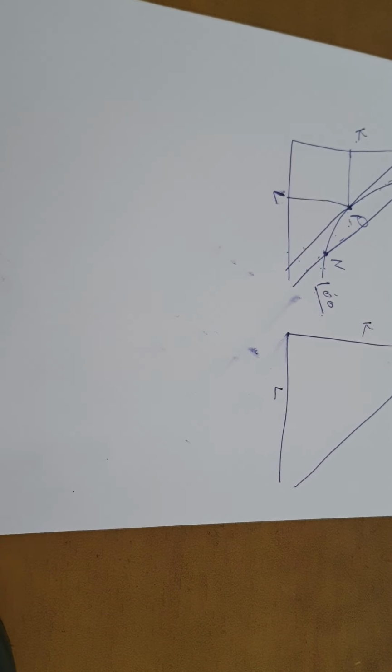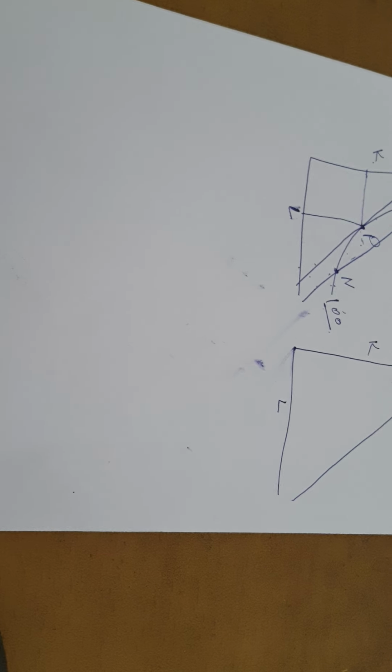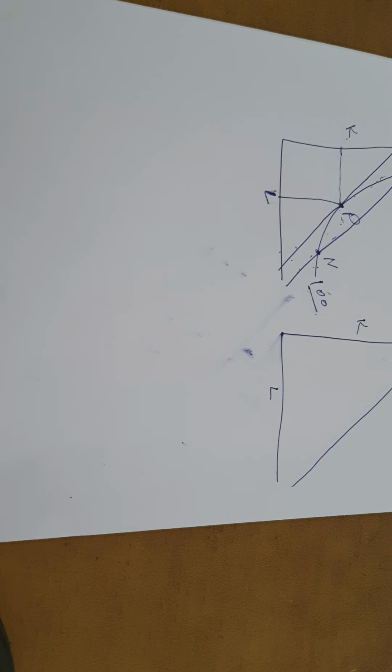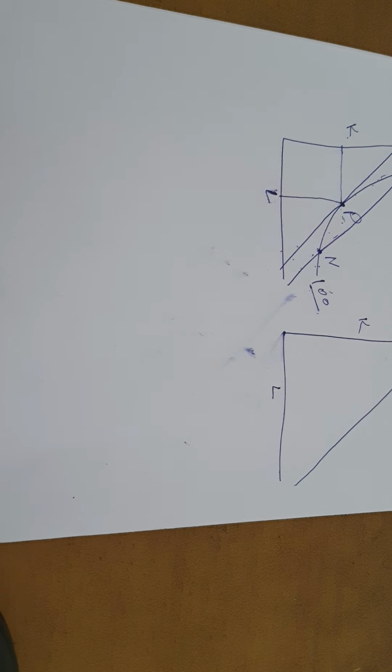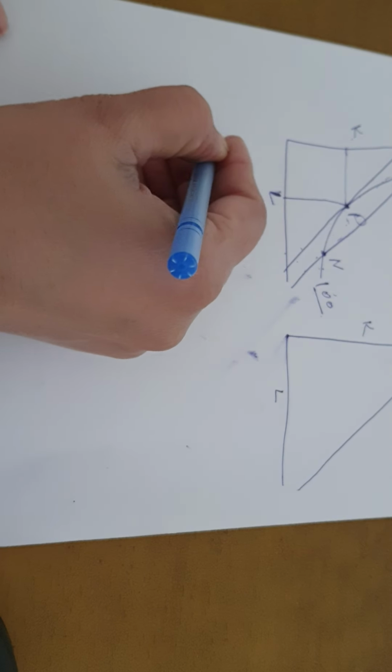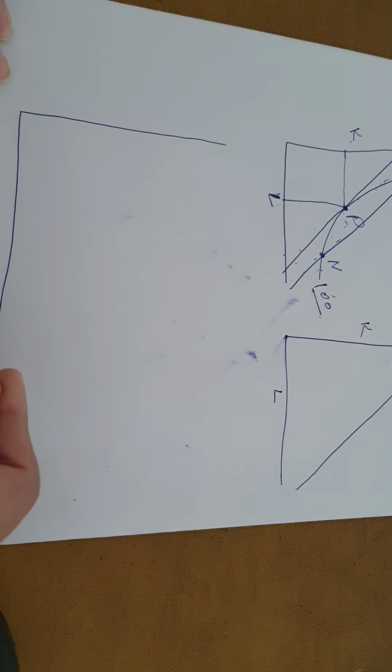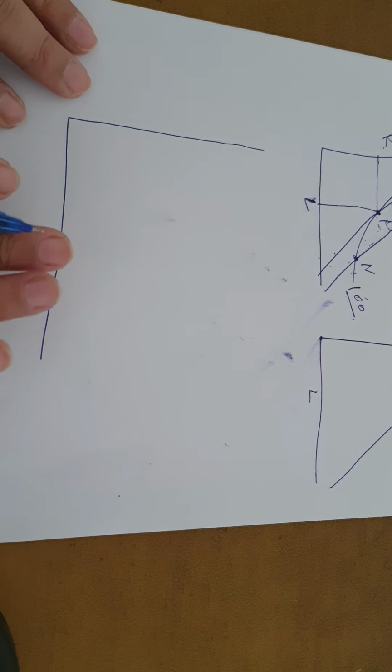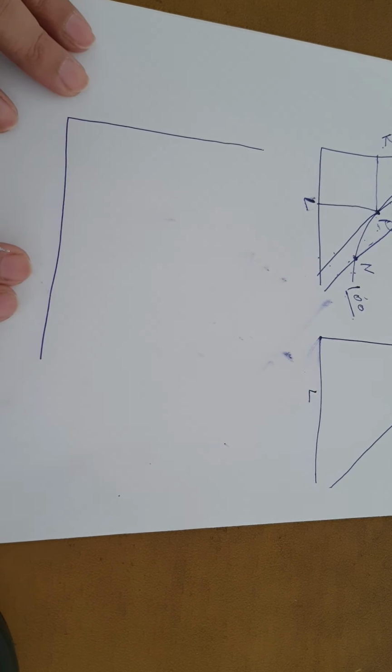Now, we can explain production in long run as well as in short run with the help of these curves. How we can explain? First of all, I am explaining you increasing returns to scale.